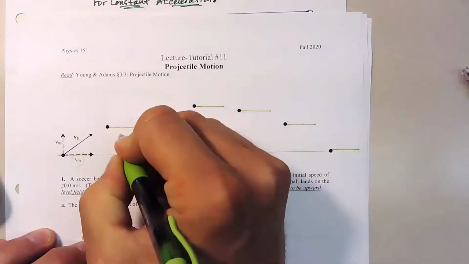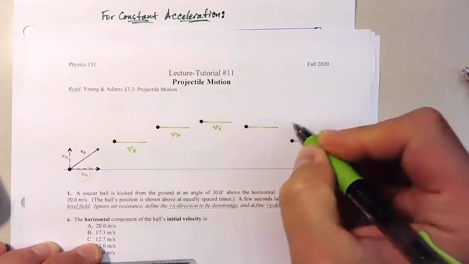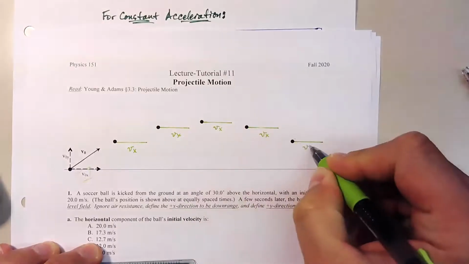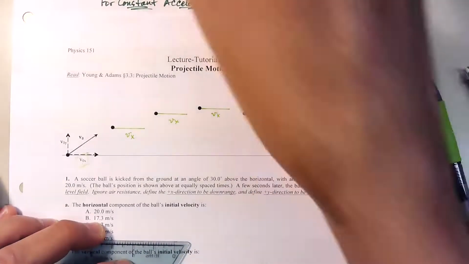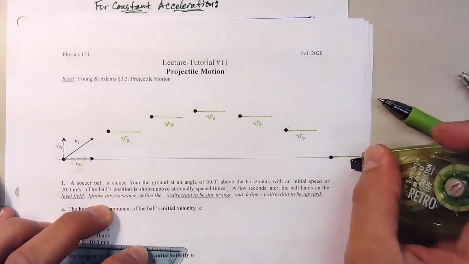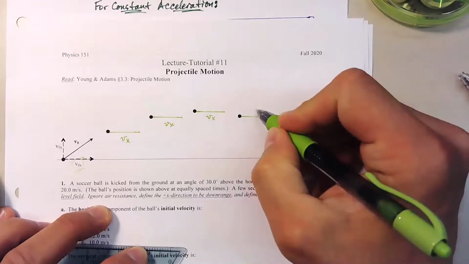Okay? So that's Vx at all later times. Got to make that look like an X.